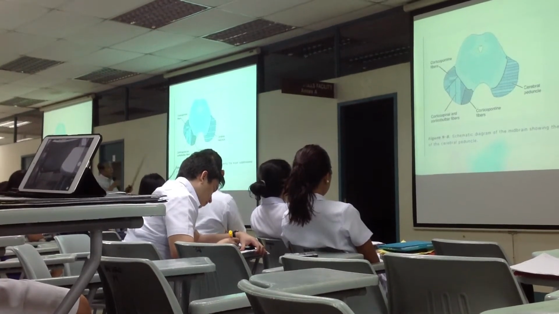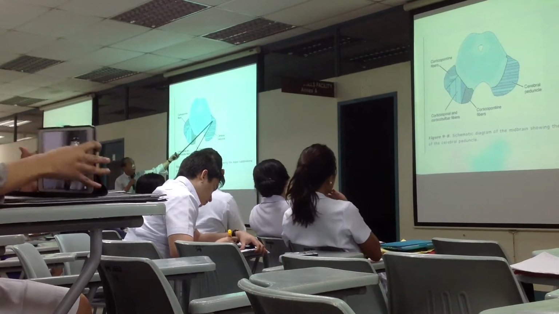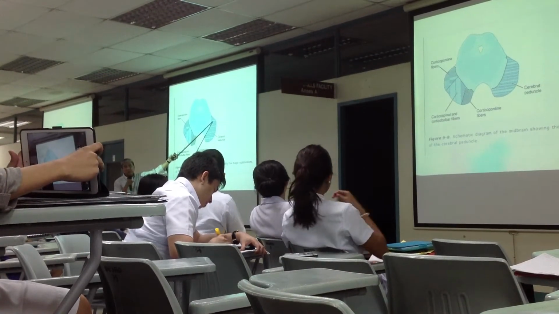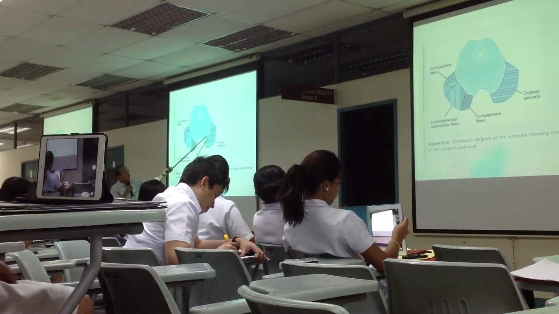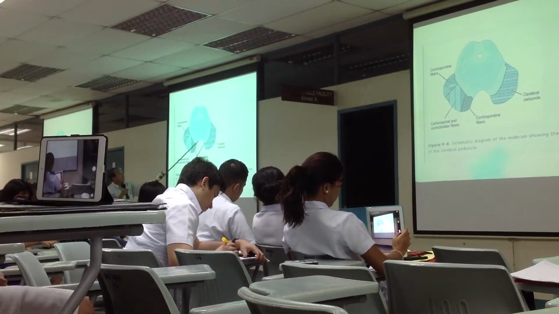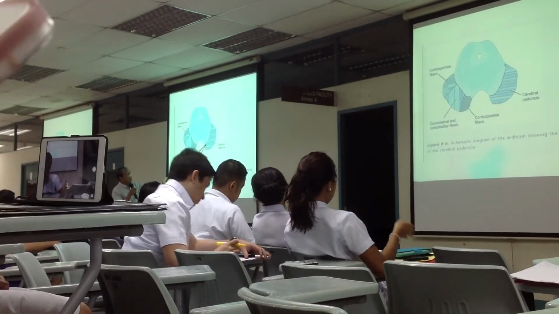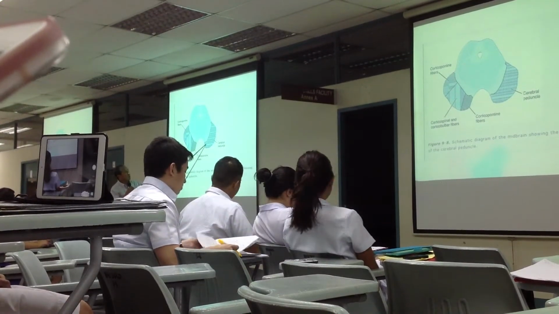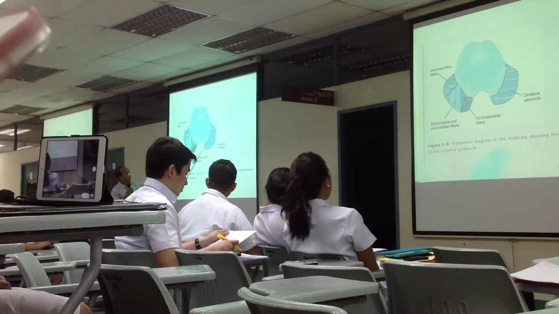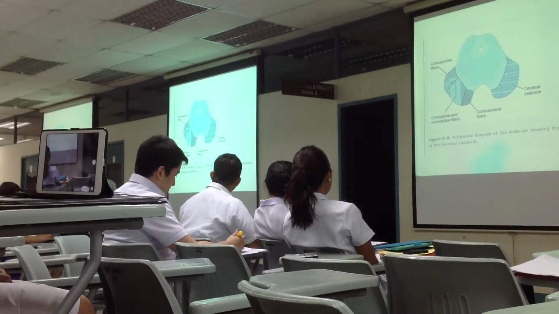Now, what I want you to remember here is that the crus cerebri, hinati natin into three parts: lateral 1/5, medial 1/5, and you have your middle 3/5. Okay? The medial and the lateral 1/5 are made up of your corticopontine fibers.